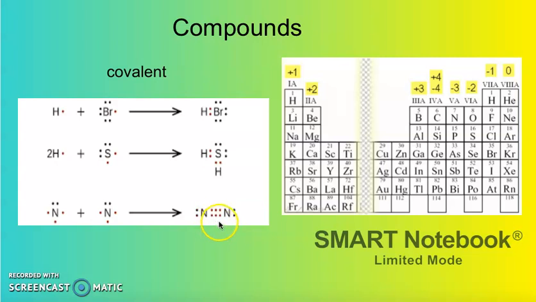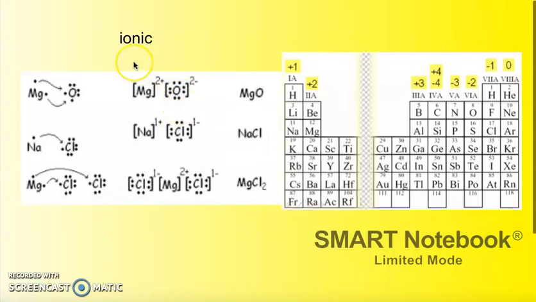The shell can be arranged so that you literally have 2 on one side, and these other 3 have been pushed to the middle so it can make a bond with 3 of the other nitrogens. So these diatomic ones kind of get around that, but for the most part, you're looking for the positives and the negatives. Let's take a look at these ionic bonds.